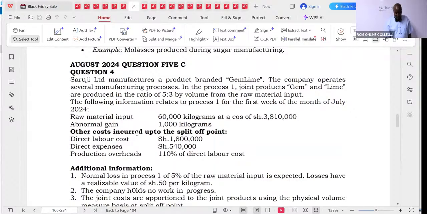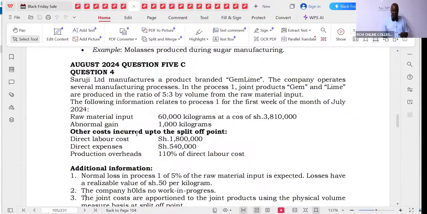So are we there? August 2024, question number 5C. We are told that Saruji Limited manufactures a product branded the Gem line. The company operates several manufacturing processes.